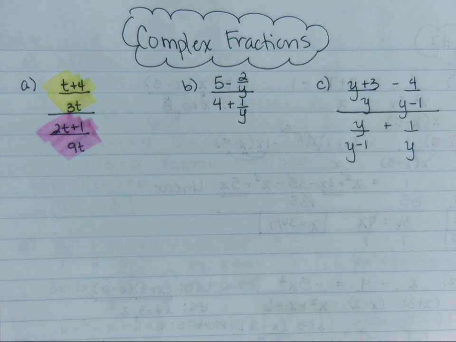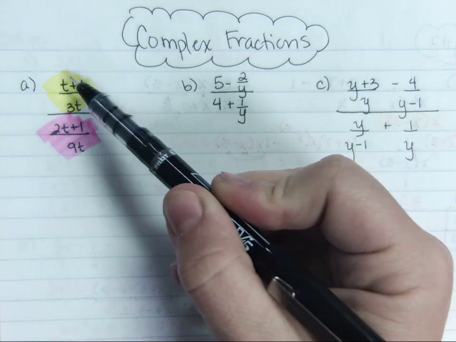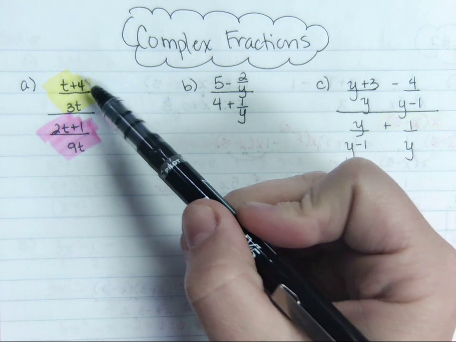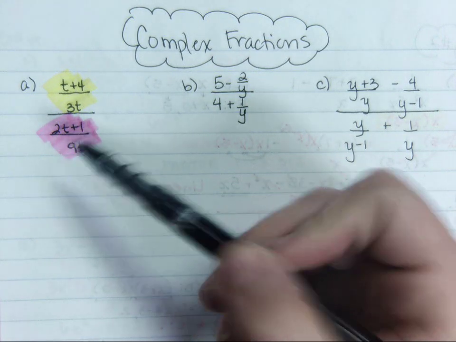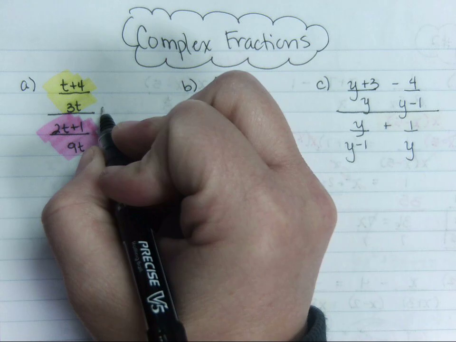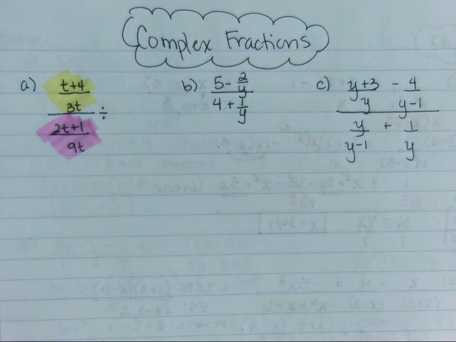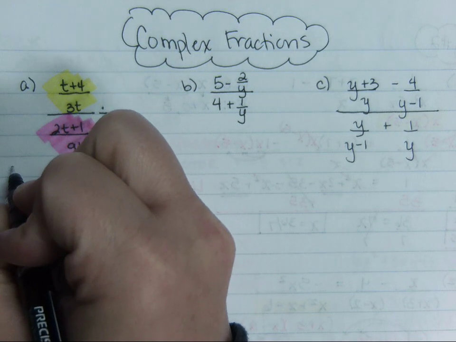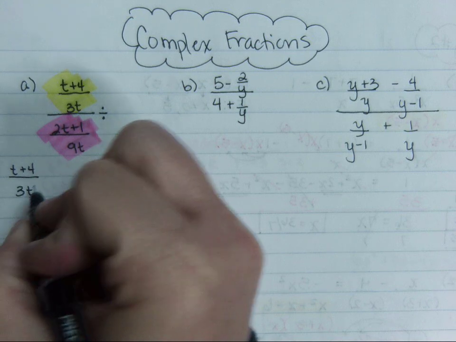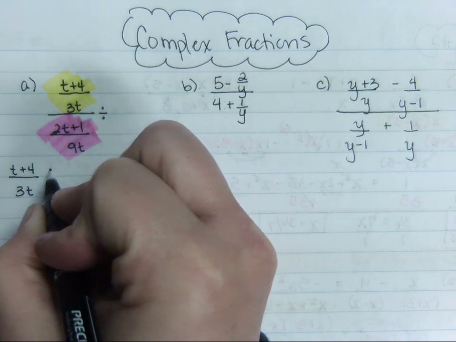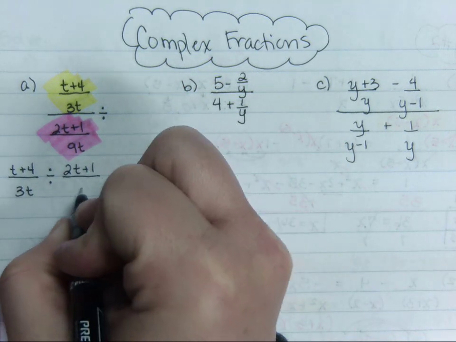So what we're going to do is, because this fraction is already what we considered to be simplified, what I mean is the numerator is one fraction divided by the denominator as one fraction, we can turn this middle division bar into the division symbol and rewrite this fraction horizontally. For example, t plus 4 divided by 3t, and that larger division bar can be our division symbol, and then the denominator, 2t plus 1 over 9t.